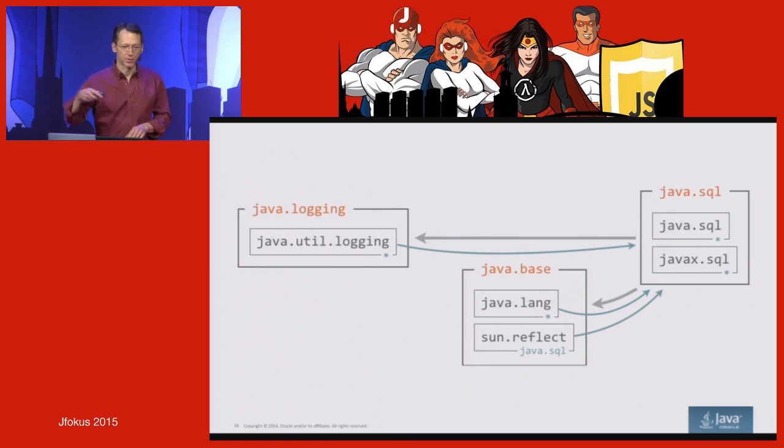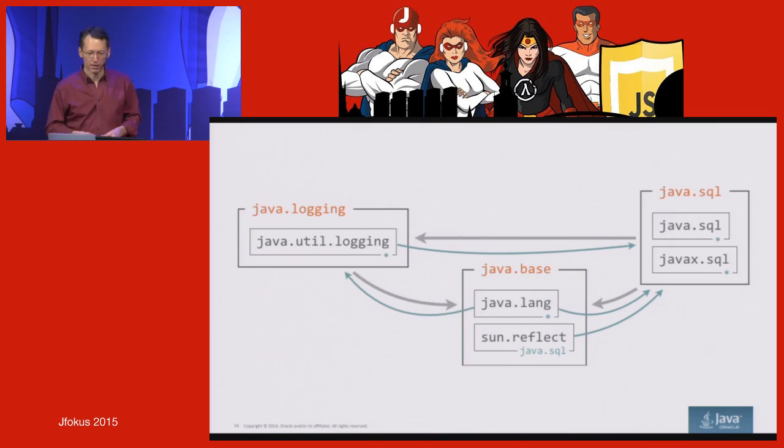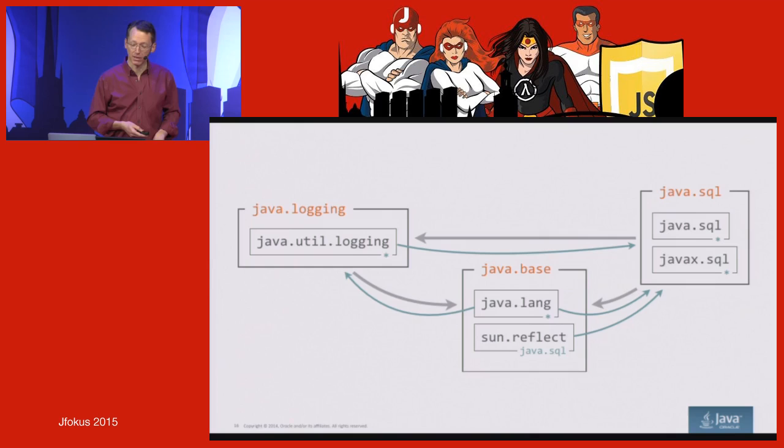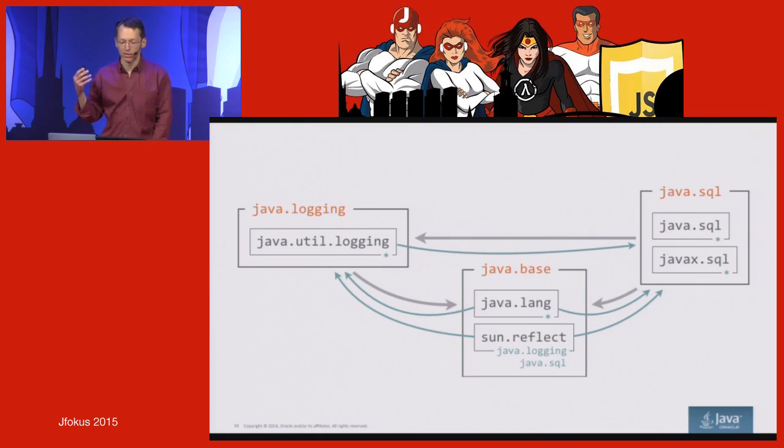The logging module needs to export java.util.logging to, well, everybody, because it is a public API meant for broad use. And that will make that work. The logging module, of course, also depends on java.base, and it turns out the logging module also needs sun.reflect. So we can make sun.reflect available to it the same way we made it available to java.sql.